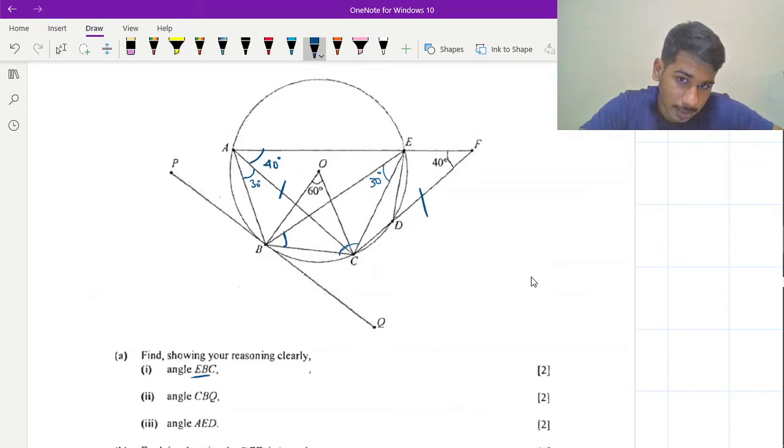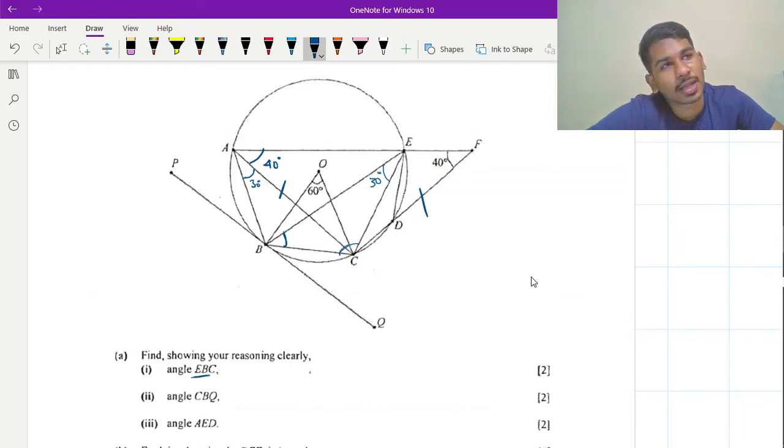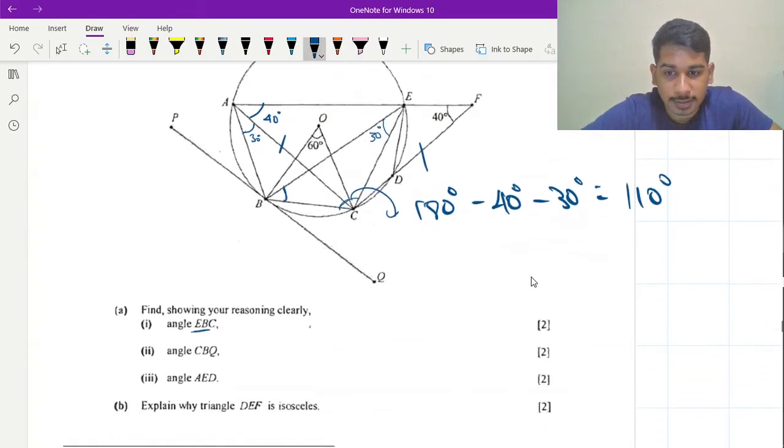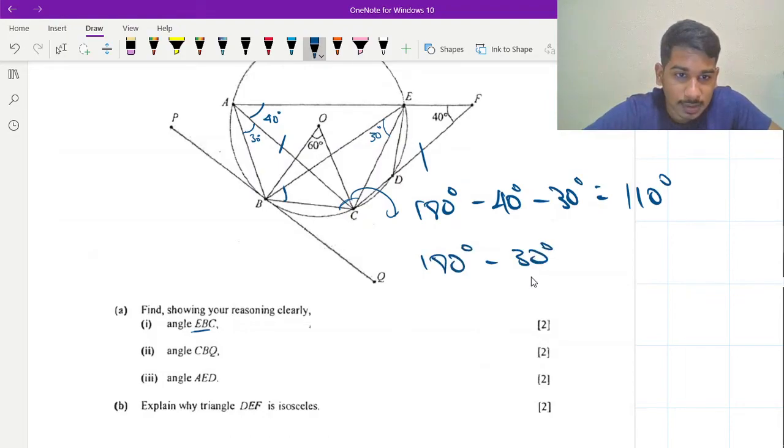And I remember an identity, something like opposite angles in a cyclic quadrilateral are supplementary. The angles are 180 minus that on the opposite side. So this one is going to be 180 degrees minus 40 degrees minus 30 degrees, which is 70, then 110 degrees. Great. So the first one is going to be 180 degrees minus 30 degrees minus 110 degrees. That will give me 40 degrees.